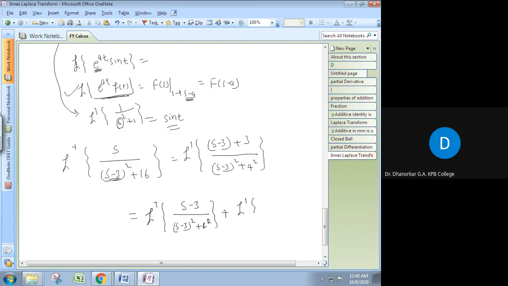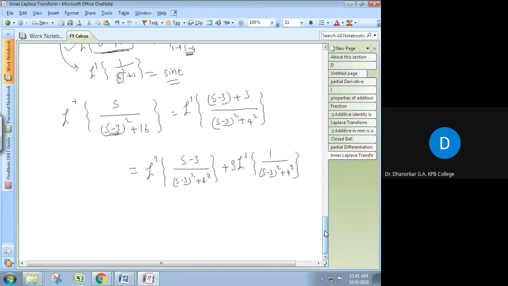L inverse of 3 divided by (s minus 3) whole square plus 4 square, or otherwise I can take 3 common also: 3 times 1 divided by (s minus 3) whole square plus 4 square. Okay. Now I will apply this property.